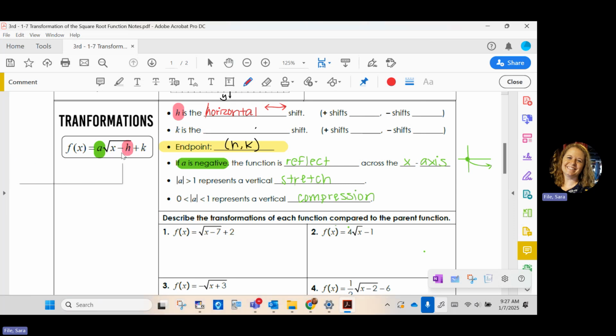H is actually a 2, but if you see x minus h, that means it's going to shift to the right. If you see x plus h, that means h is actually negative and it's going to shift left.